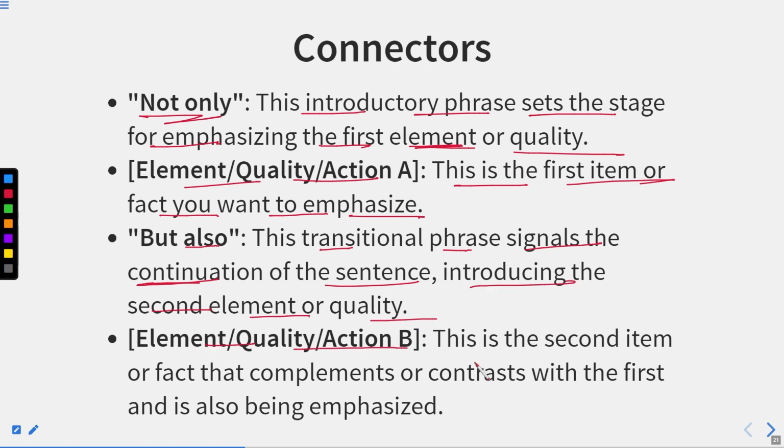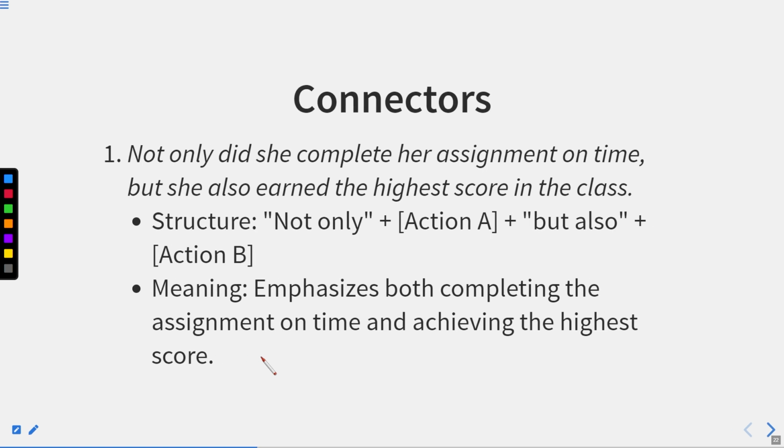Element, quality or action B, this is the second item or fact that completes or contrasts with the first and is also being emphasized. Okay, so this is how we can write the structure. We can use the structure of not only but also to write a sentence.